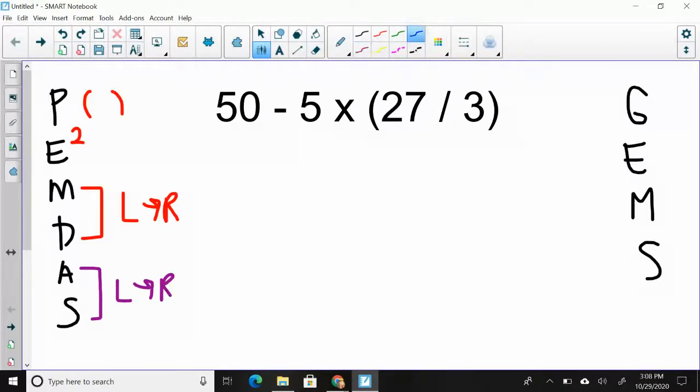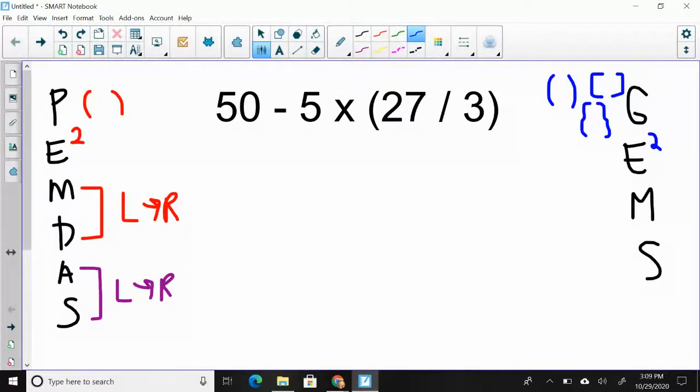If you prefer to use the GEMS method of remembering the order of operations, G stands for groupings, because you can have more than just parentheses. You can have parentheses, brackets, or you can have the fancy ones called braces. Again, exponents we're not working with in fifth grade, but it is nice to be familiar with them.